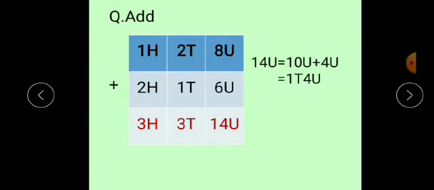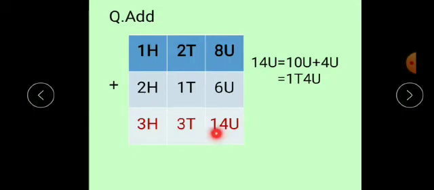Okay, so first we will add the digits in the units place, 8 plus 6. So, 8 plus 6 we get 14. Okay, but we know that we can't put two digits in a single place.